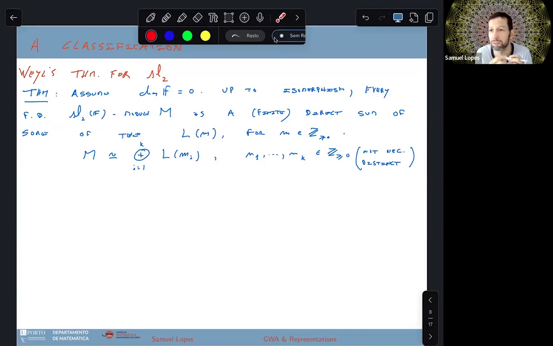But my plan for today is to give you an independent proof of this result just for sl₂. It's certainly very different from Weyl's original proof, where he used something called the unitary trick, but very different from a typical proof that I would use in a course on representation theory of Lie algebras.